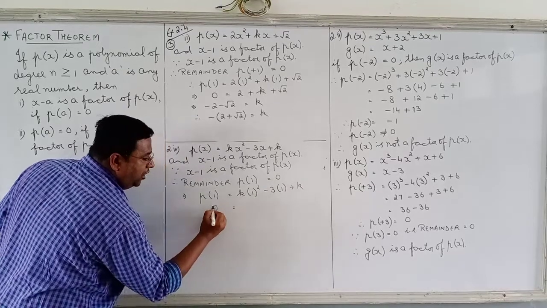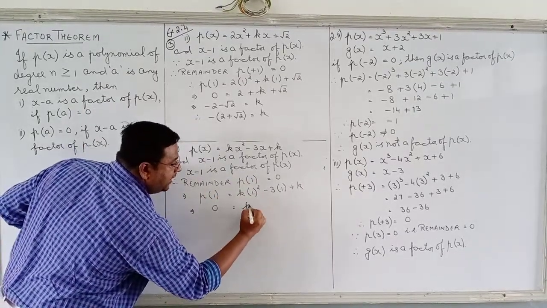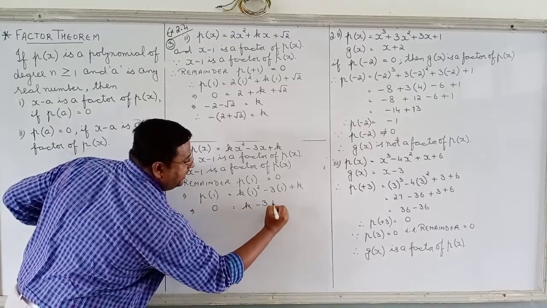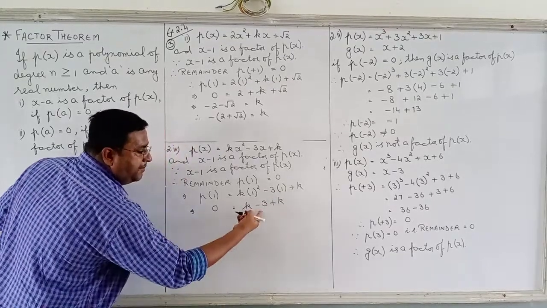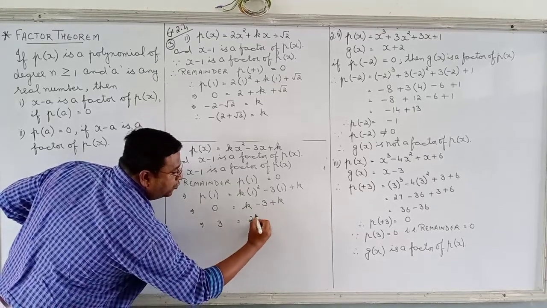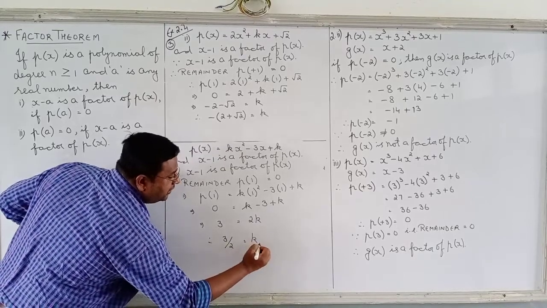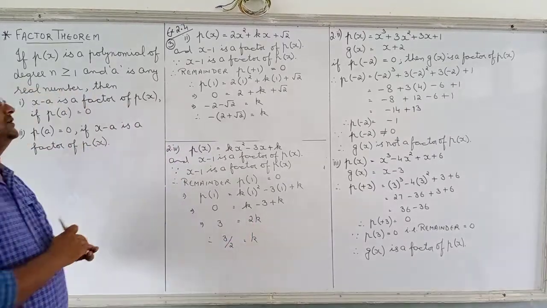So p of 1 is what? 0. That is the remainder is what? 0. 1 square 1 into k, minus 3 ones are 3, plus k. Minus 3 comes over here, plus 3 is equal to k plus k, 2k. So therefore 3 by 2 is equal to k. 2 is in multiplication, 2 is in division.